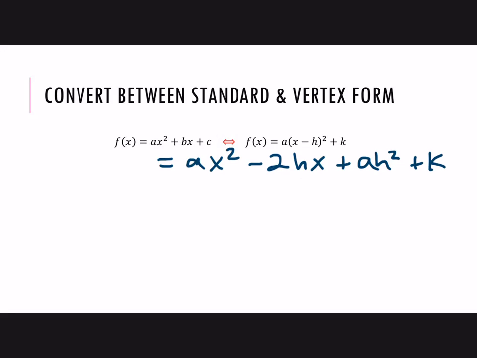Alright, so let's try to pick out a, b, and c. Well, a in standard form is whatever's in front of x squared, so that's still an a. Now for b, I have this minus 2ah in front of the x. And then for c, I have this whole term at the end. It's actually two terms, but taken together, all of that would be considered the c. It's a constant. Those would all be numbers.